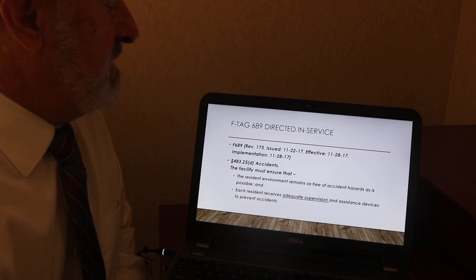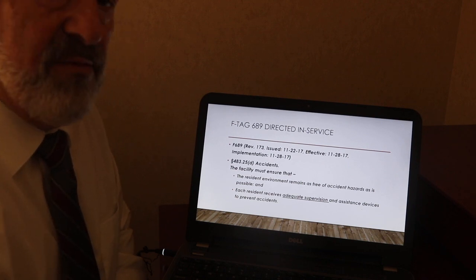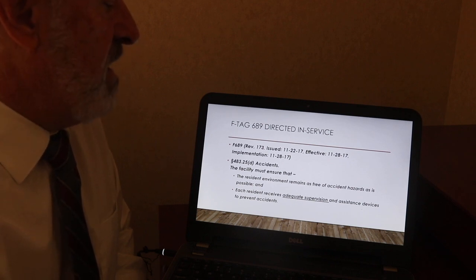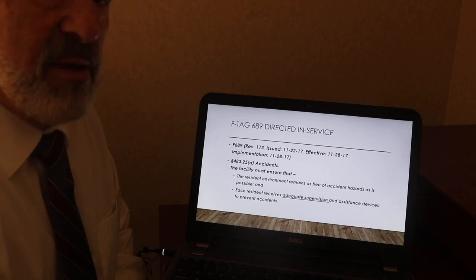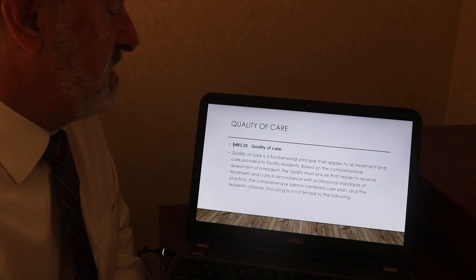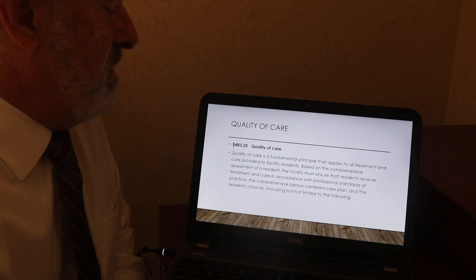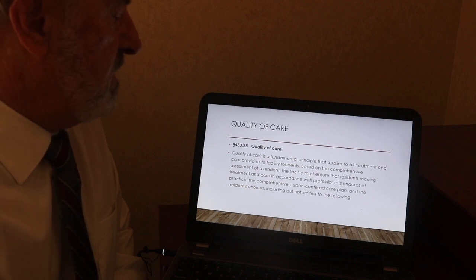The F689 states that the facility must ensure that the resident environment remains as free of accident hazards as is possible, and each resident receives adequate supervision and assistive devices to prevent accidents. Under this standard is also the quality of care requirement.